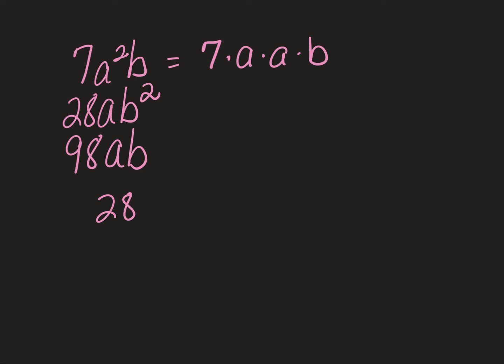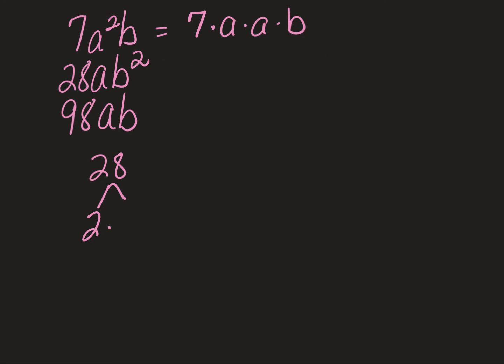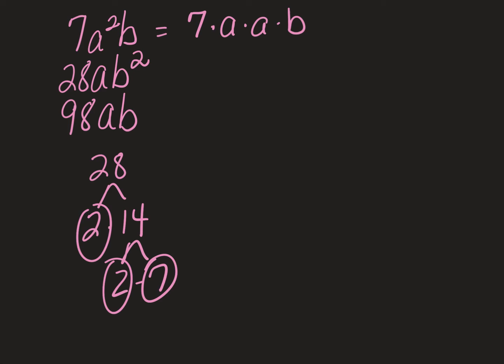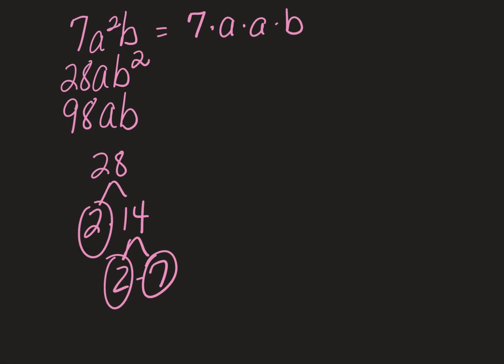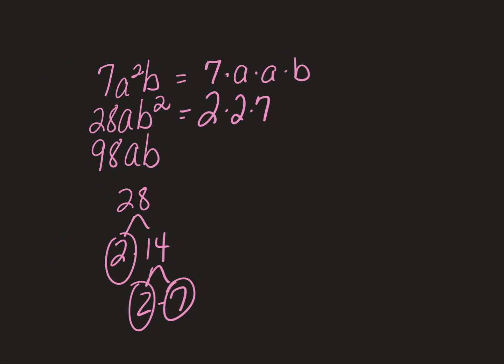28. What two numbers can you multiply to get 28? Well, let's just start with 2 and 14, okay? Because 2 times 7 is 14. So our prime factors are 2 times 2 times 7, and a times b times b. 98 is a big one.